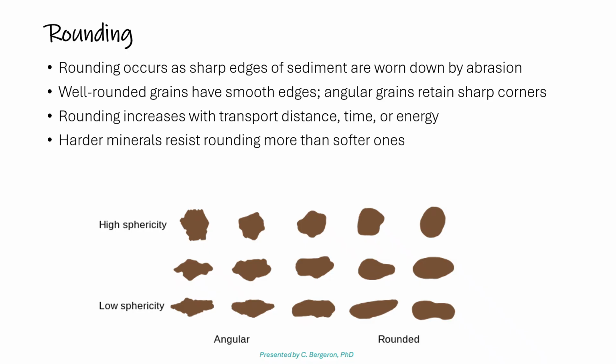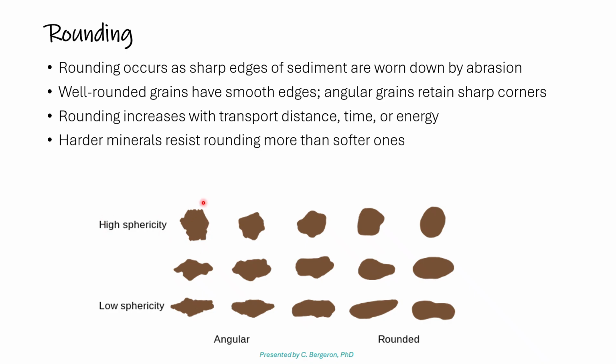A well-rounded sediment grain, or a rock with well-rounded sediment grains, is defined as being free of all sharp edges. So here it's giving you, from left to right, a move from more angular sediment to more rounded sediment.